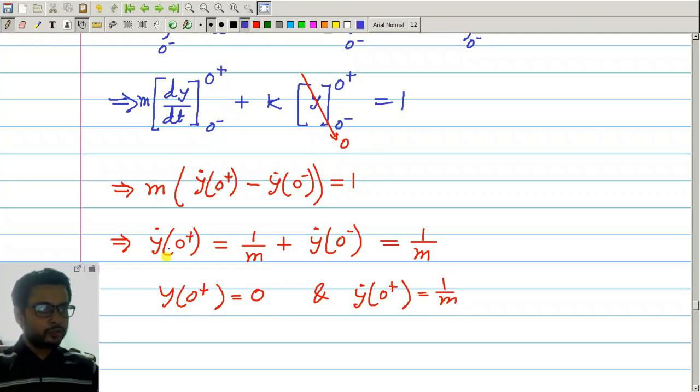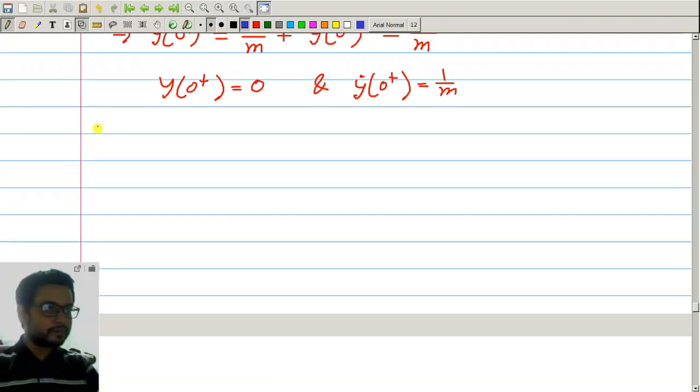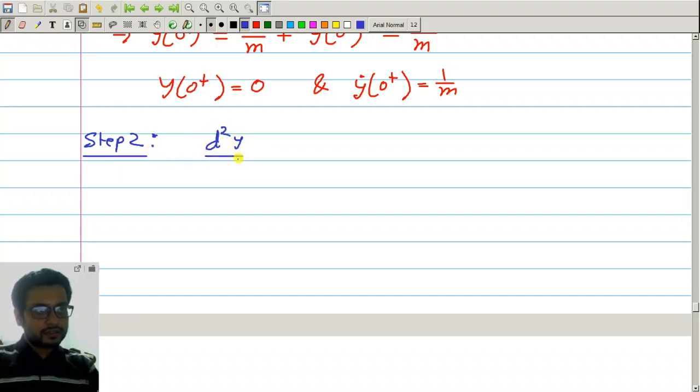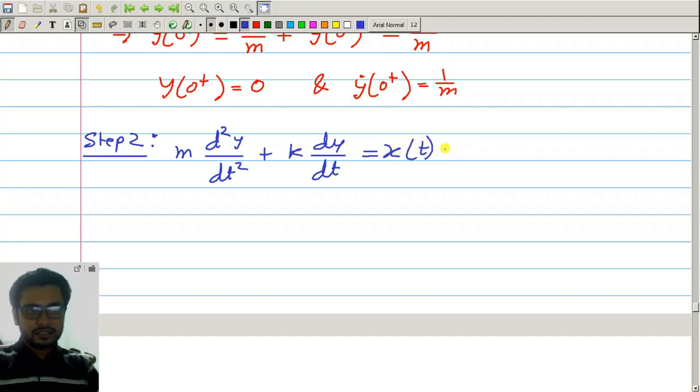Now we move on to step 2, when we have the equation like this, with x(t) equal to 0 for time greater than or equal to 0+.